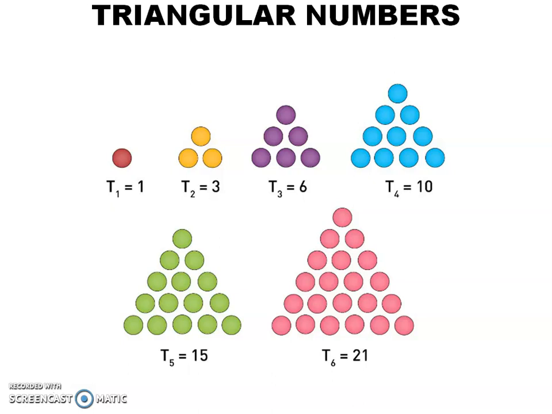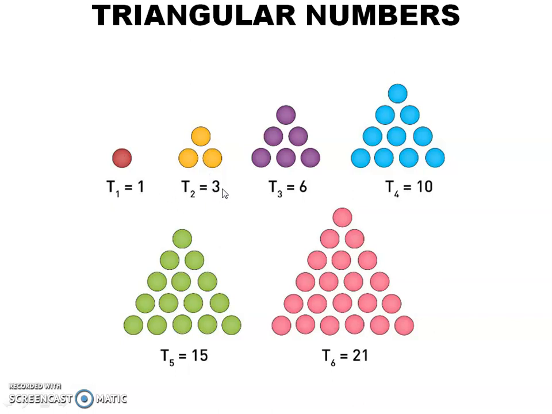Okay, let's see. Add the first two triangular numbers. What will happen? 1 plus 3. What is 1 plus 3? 4. Isn't it a square number? When you add two consecutive triangular numbers, you will get a square number.